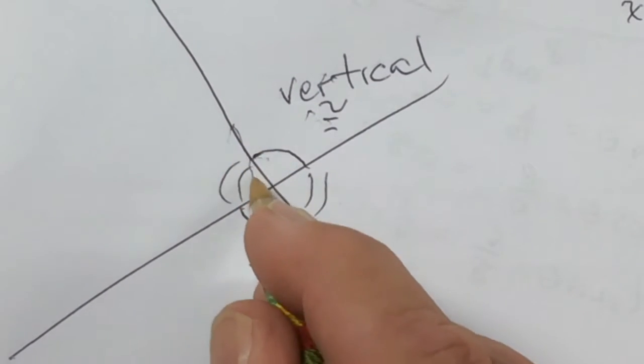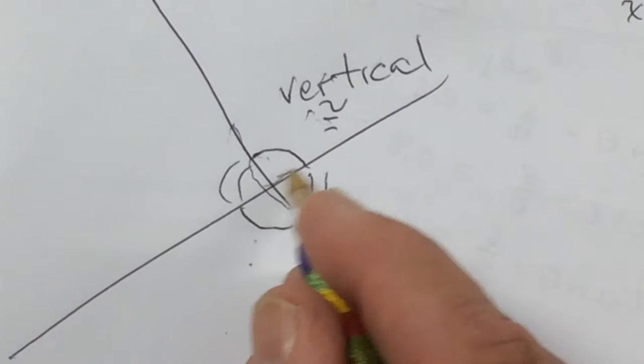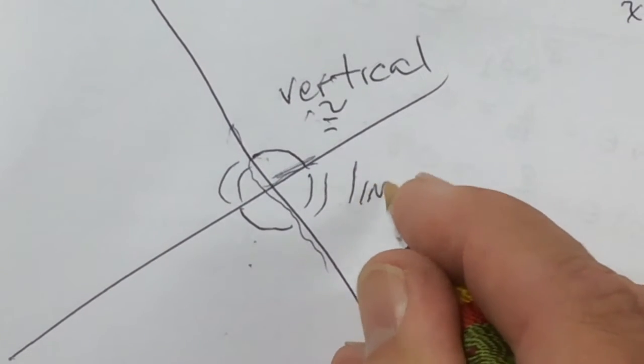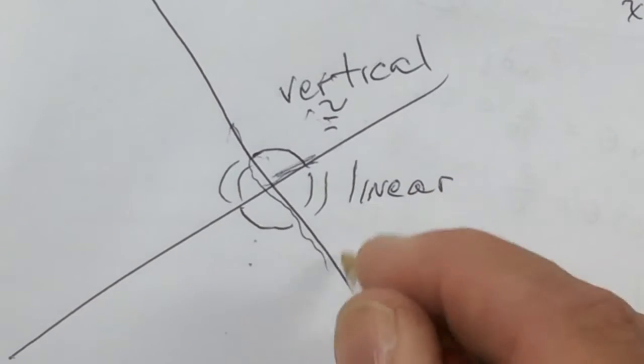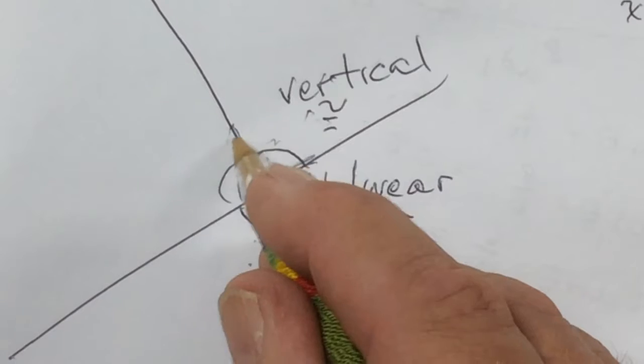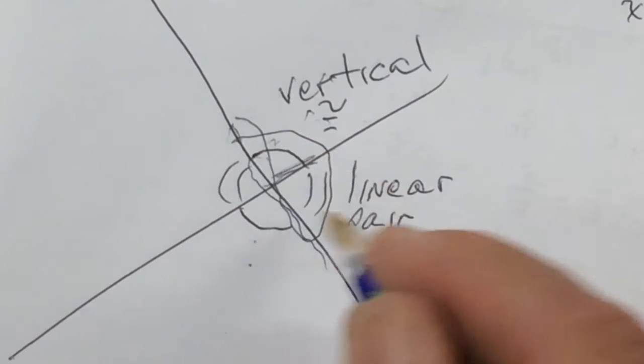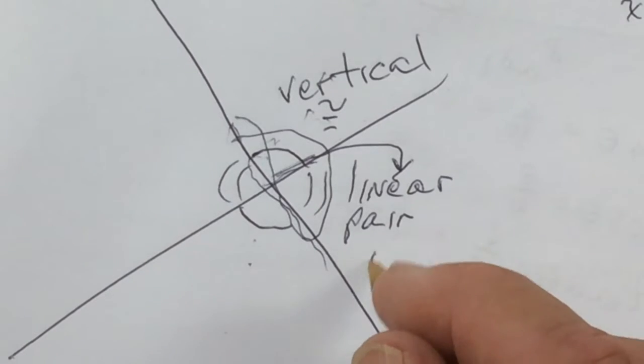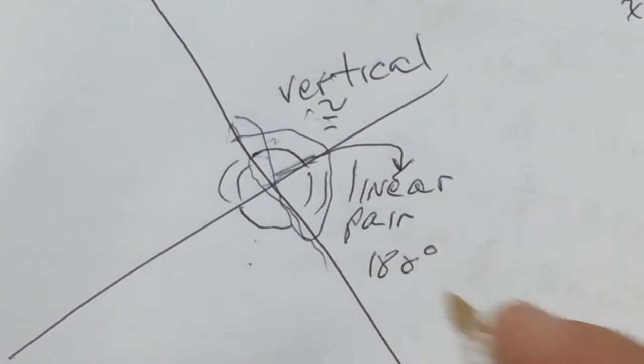The ones that are next to each other, the adjacent ones, are a linear pair. These two right here, for example. And they are supplementary, so they have to add up to 180 degrees.